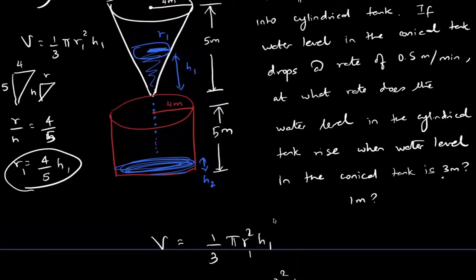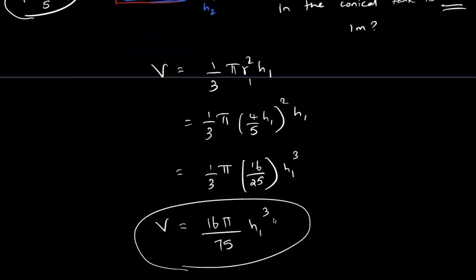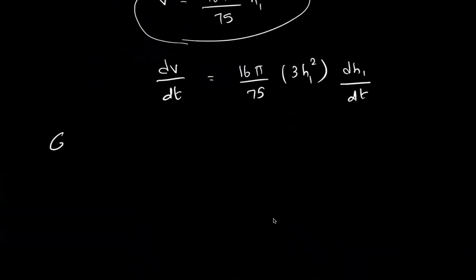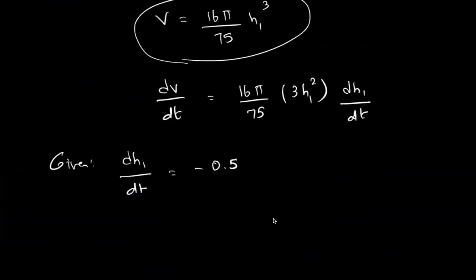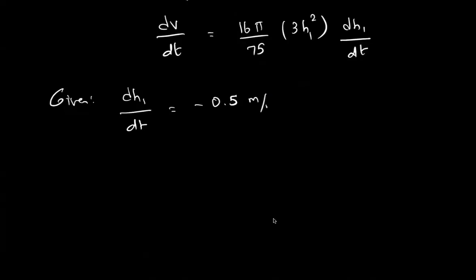First, we are going to look at the instant of 3 meters. So dH1/dt is given to be negative 0.5 meters per minute. In the first instant, we are finding dV/dt when H is equal to 3.